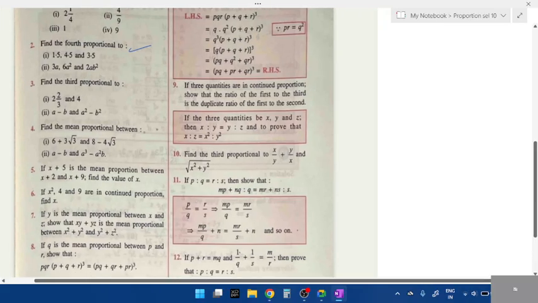What's the next thing you have to find, students? What's the next thing? Find the, which proportion? All of you respond.